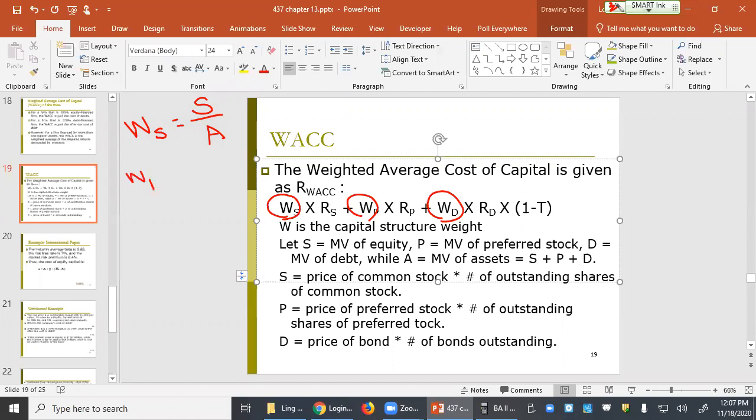The capital structure weight of preferred stock is the market value of preferred stock, notated by P, divided by the same denominator, the market value of assets. WD, the capital structure weight of debt, is the market value of debt divided by the market value of assets. It tells us the proportion of the company that is actually financed through either common stock, preferred stock, or debt.